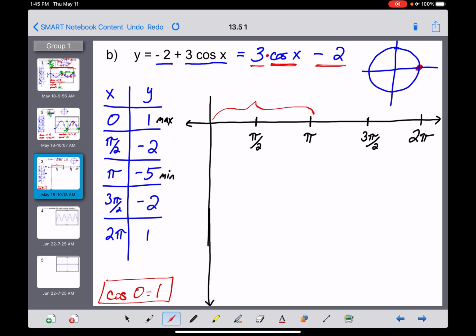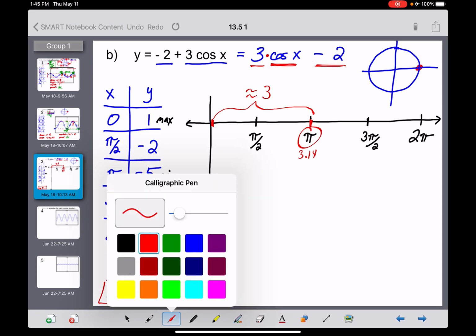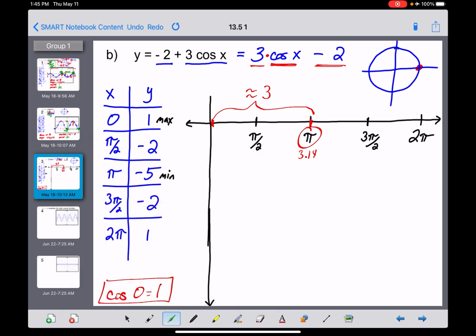From here to here, from 0 to pi is approximately, not exactly, but approximately equal to 3, because pi is actually 3.14. This distance then, from the origin all the way over to here, that is roughly 6. Because if pi is 3.14, 2 pi is 6.28, sorry.